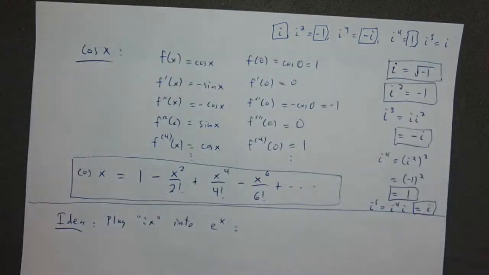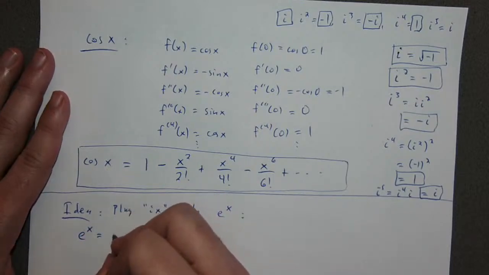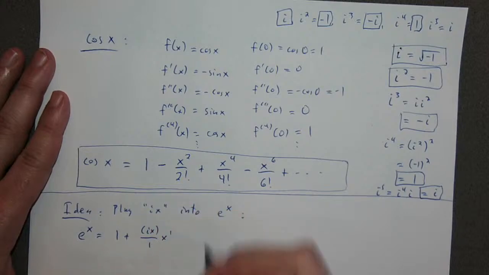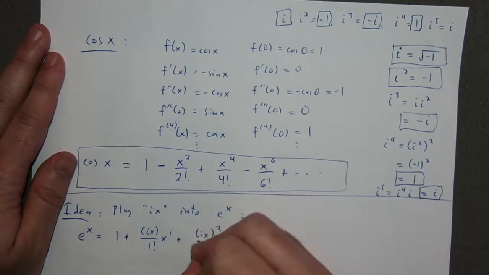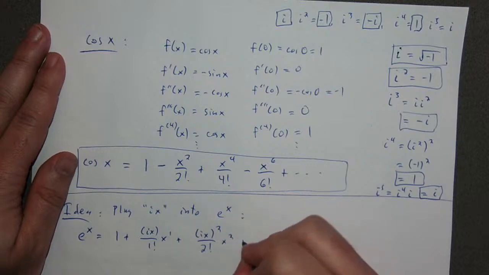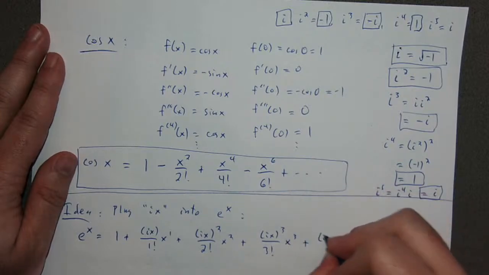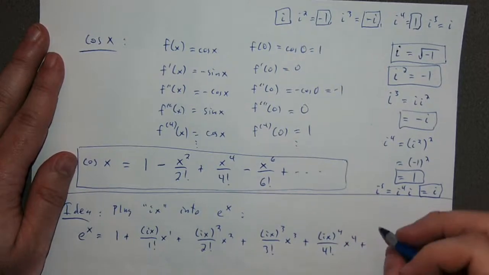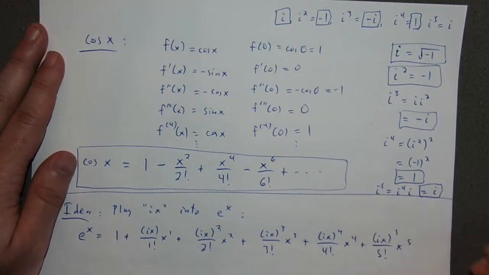So e to the x is equal to 1 plus ix over 1 times x to the first, over 1 factorial if you like, plus ix squared over 2 factorial, plus ix cubed over 3 factorial, plus ix to the fourth over 4 factorial, and plus ix to the fifth over 5 factorial, and so on.